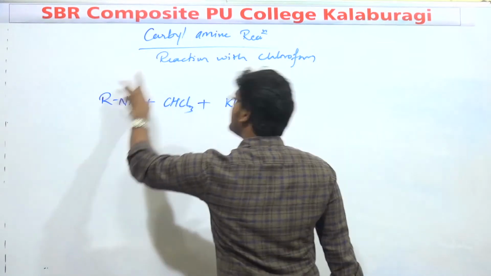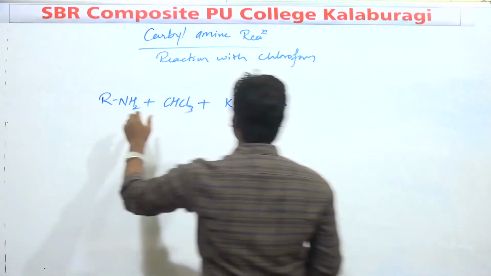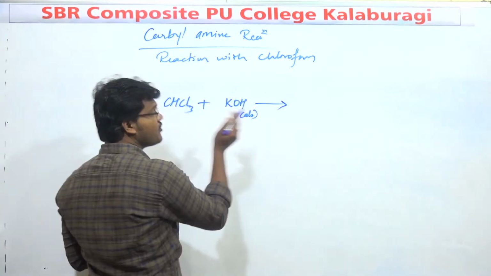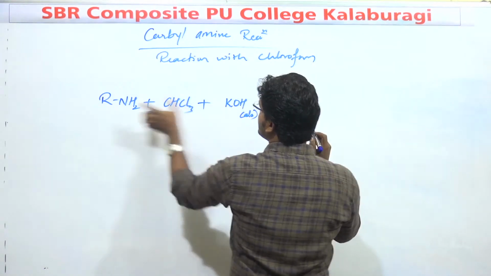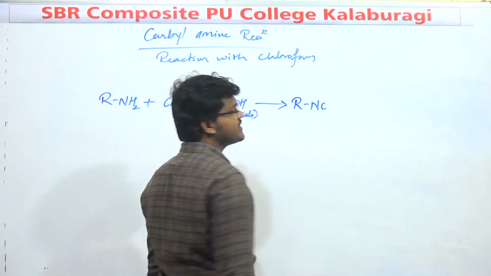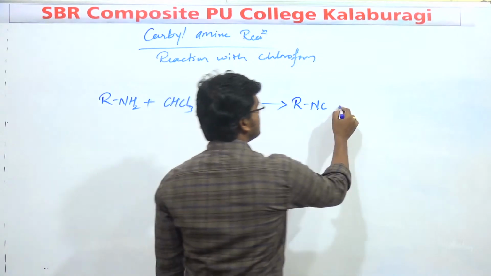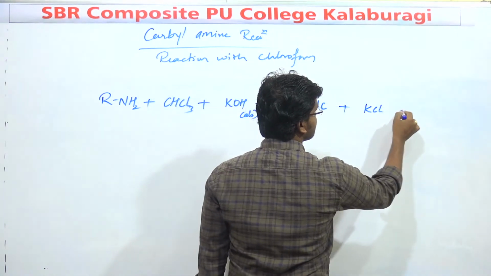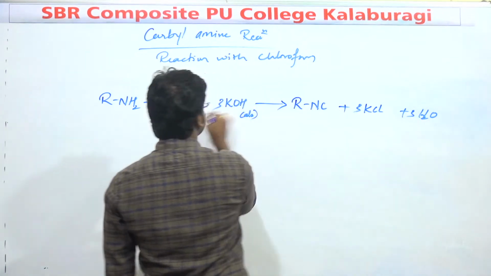Only primary amines will show you the carbylamine reaction. RNH2 in presence of chloroform and KOH converts the primary amine into what? Isocyanide. And my byproducts are KCl plus H2O, 3 moles.